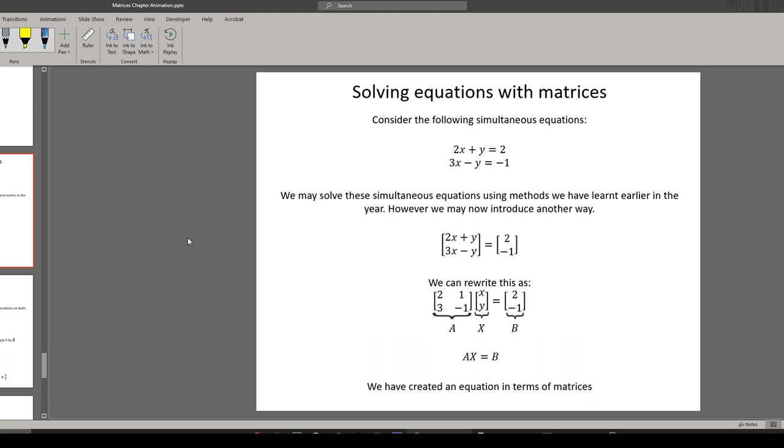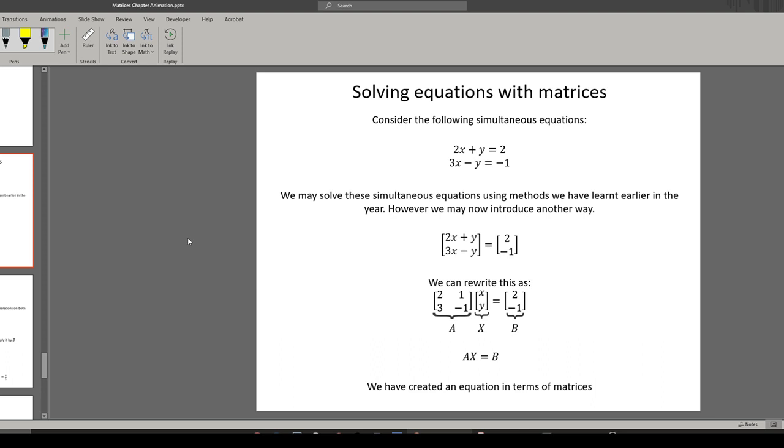And they became super powerful when computers came along and could do the process really quickly for me, because computers can be programmed to do matrix operations, so it becomes really quick. So matrices got a lot of use.